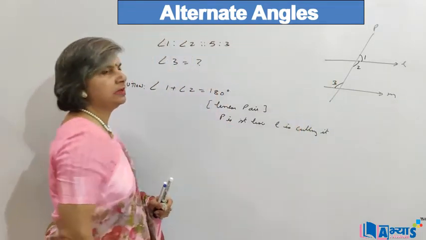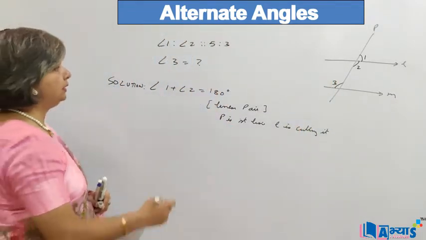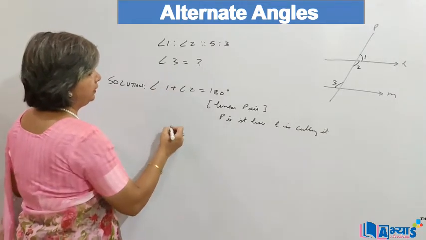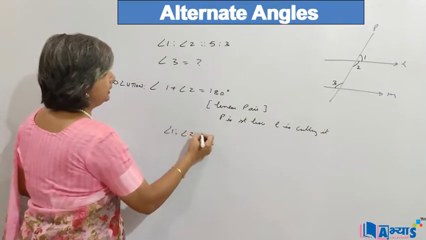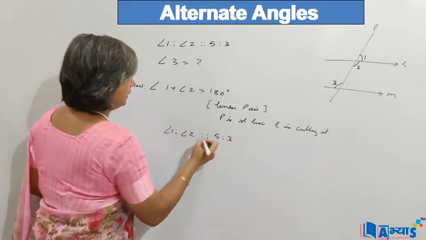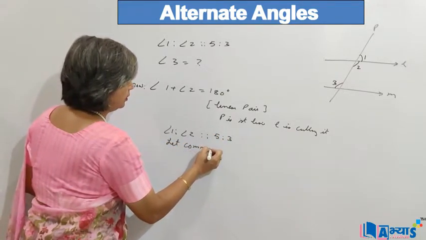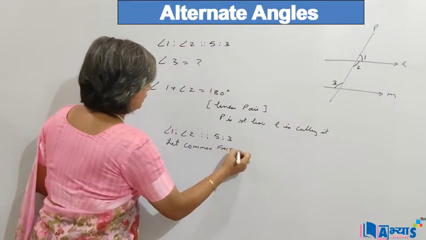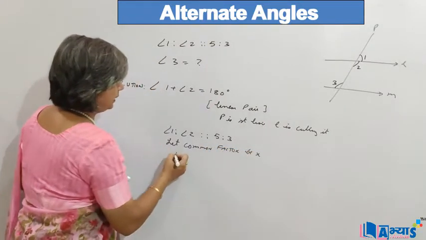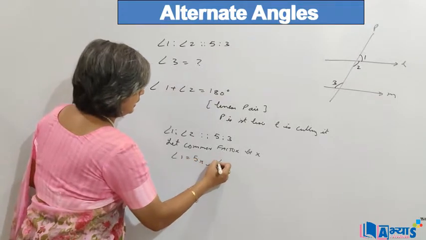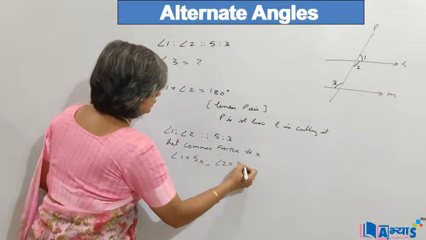So angle 1 plus angle 2 will be 180 degree, but we know that angle 1 is to angle 2 as 5 is to 3. Let the common factor be x. So angle 1 is 5x and angle 2 is 3x.